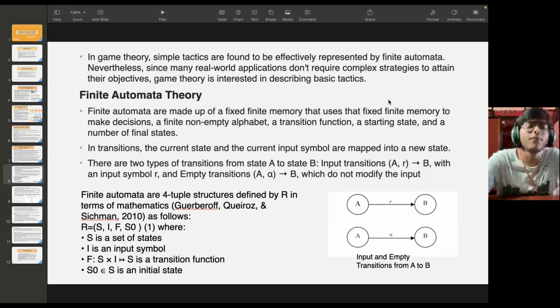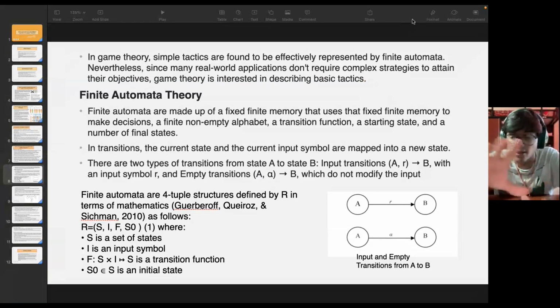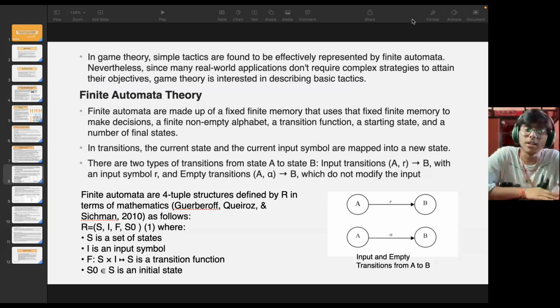So, what is finite automata theory? Finite automata are made up of a fixed finite memory that is used to make decisions, and a non-empty alphabet, or we can say transition function, and a starting state and a number of final states in transition.